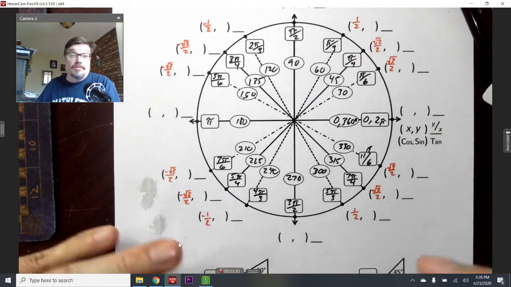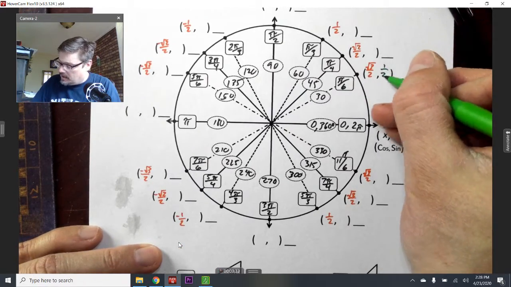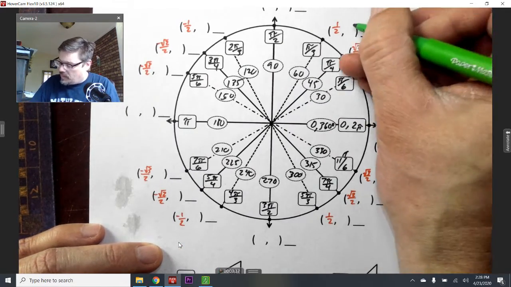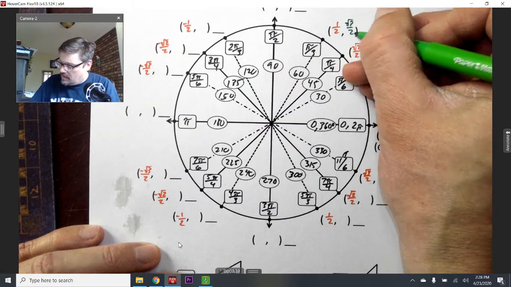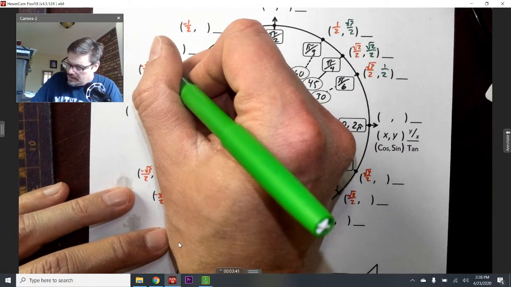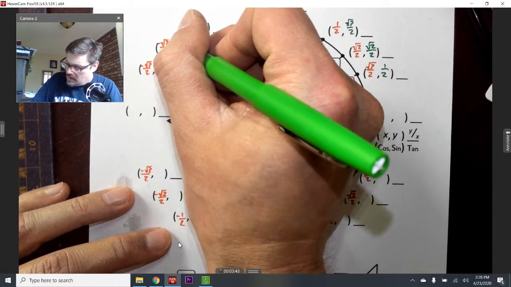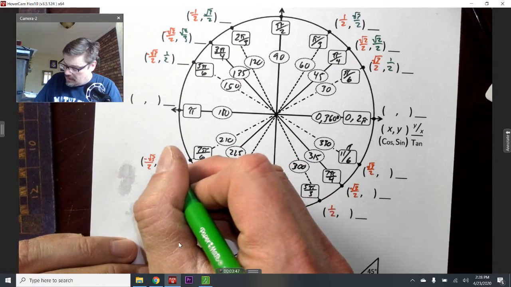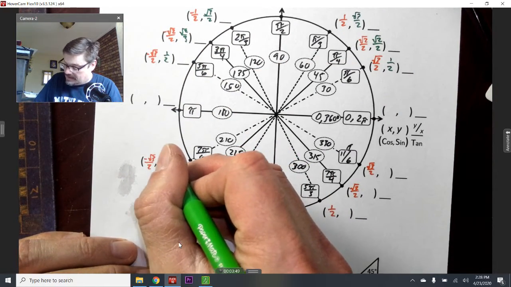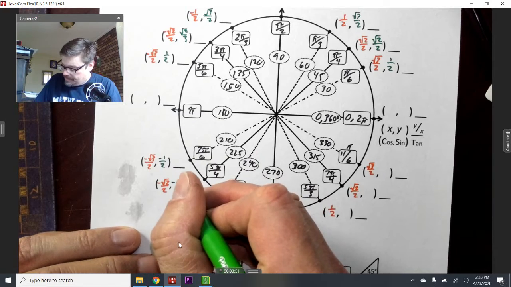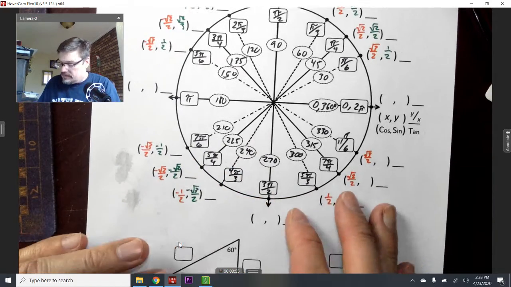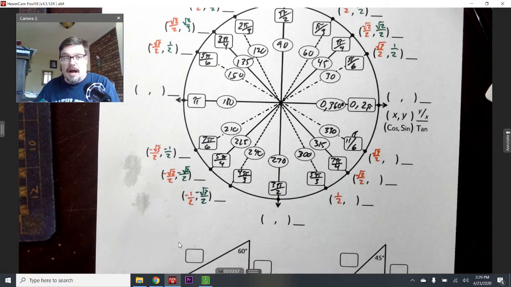Now I'm going to switch colors and do the sine. Sine is going to go the other direction. It's going to count up. In this quadrant, they're both positive. So I count up. It's still positive. So here, count up. Now it's negative. Remember, this is why we call it cosine, a complement of sine.